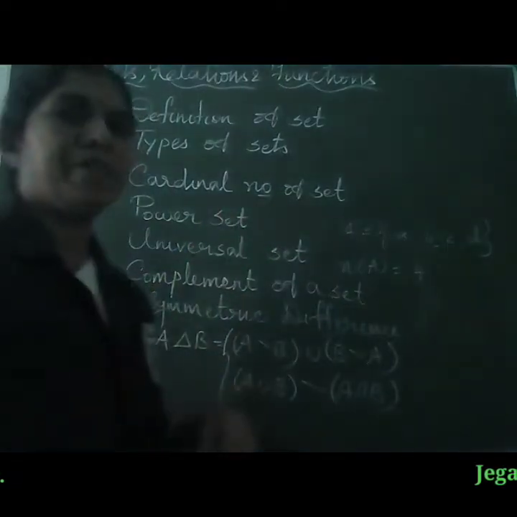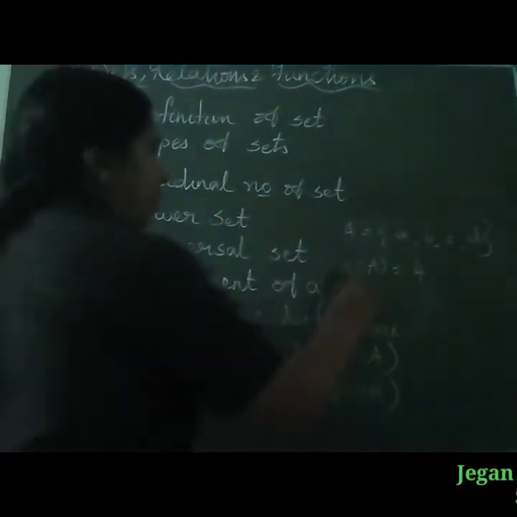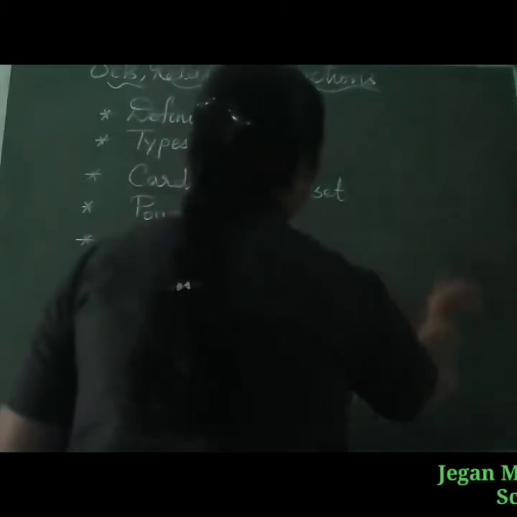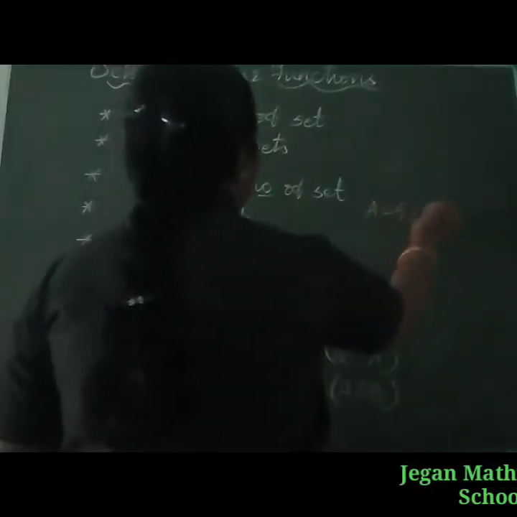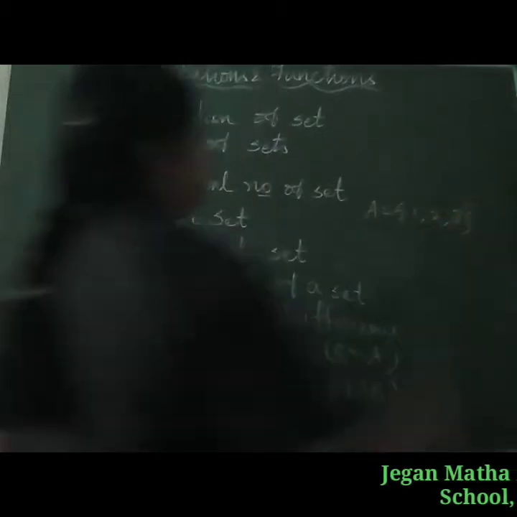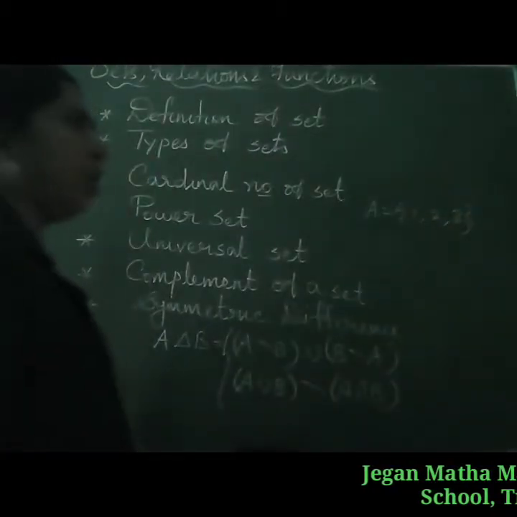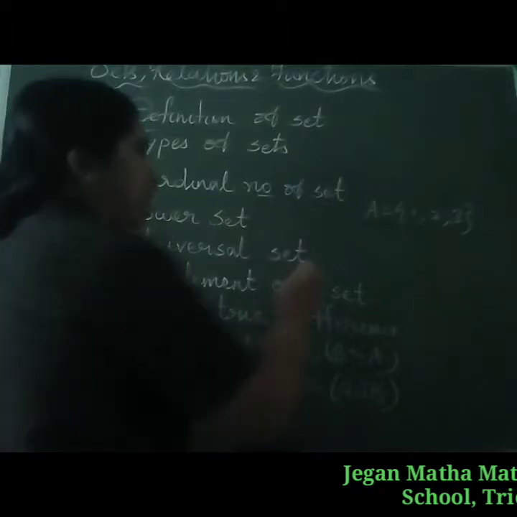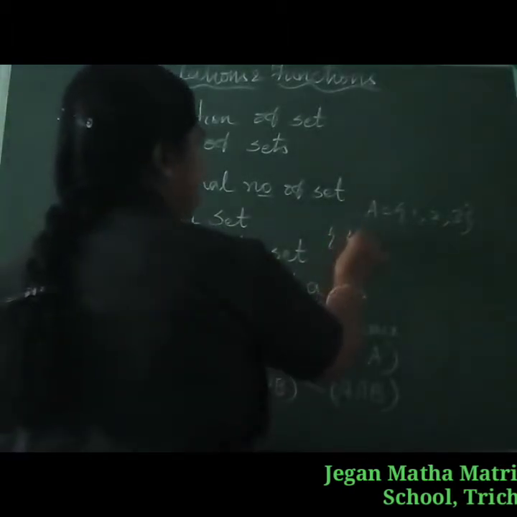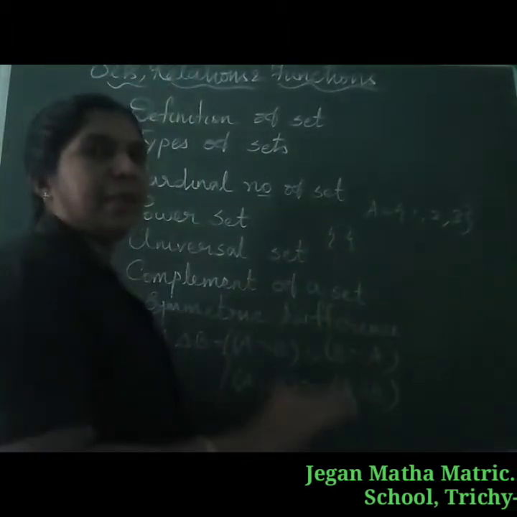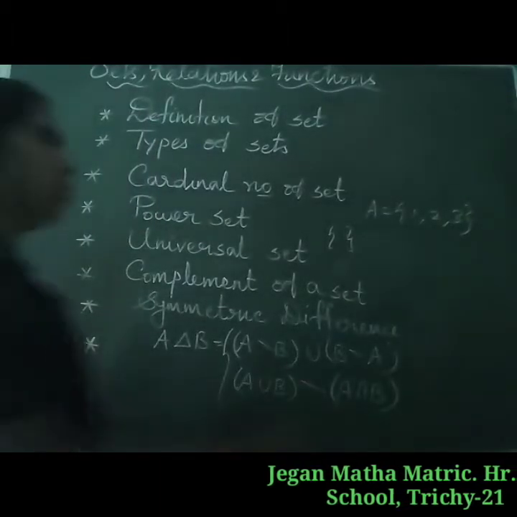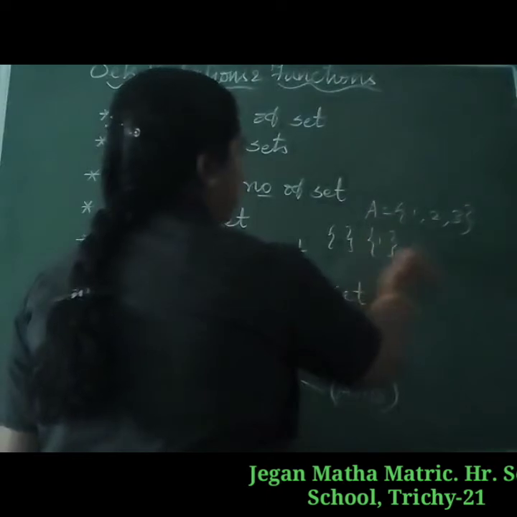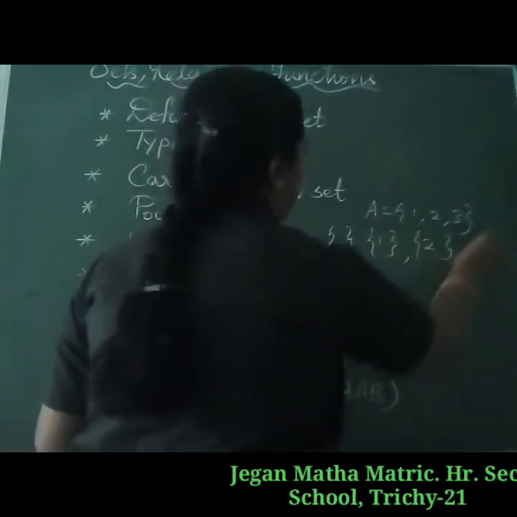The next one, power set. If you want to define the power set, you should know the meaning of subset. A is equal to {1, 2, 3}, that is the given set. If I want to write all the subsets of this set, first we have to write the null set. Then each element separately: 1, 2, 3.